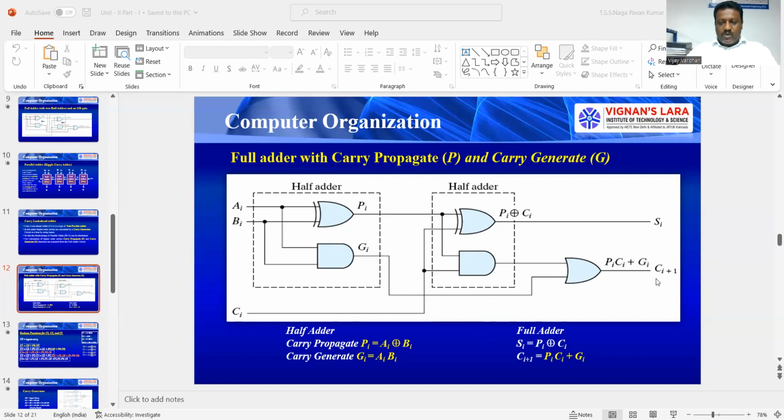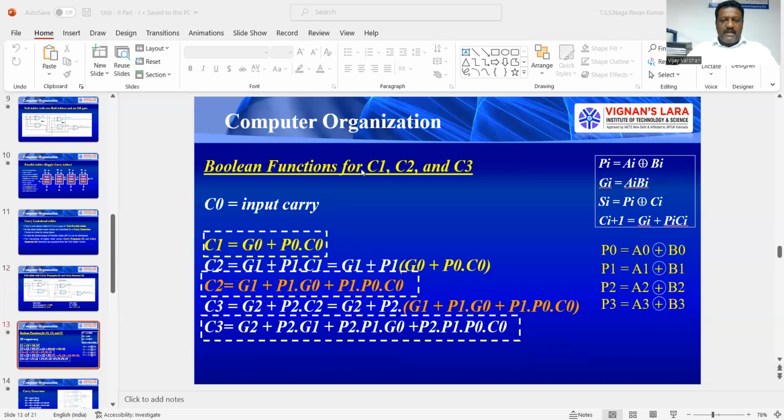So now I have to calculate what this Ci+1 is. So see here, friends, the Boolean functions for C1, C2, C3. Let me assume i is equal to 0. P0 is equal to A0 exclusive ORed with B0, which is my least significant bit. This is the carry propagate. Carry generate is G0 equal to A0 B0. So C0 is as usual.